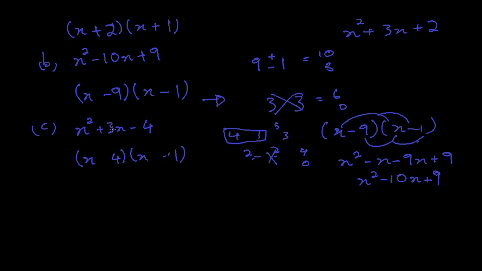So what does that mean? It means that the highest value between the two will get the sign of this one. So in this case, we are going to give this positive to 4, since 4 is bigger than 1. So this positive comes here, then the negative comes here.